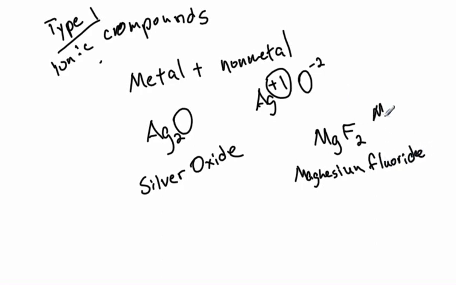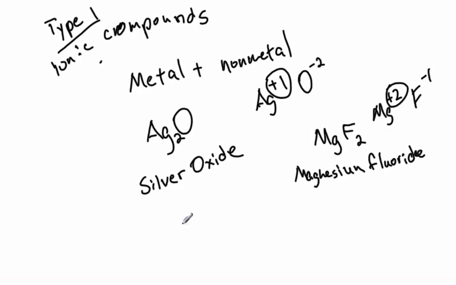Because magnesium is always Mg plus 2, and of course fluorine or fluoride is always -1. So again, magnesium always has a plus 2. It's in group 2, always plus 2. Silver is one that's on your ion sheet. You just have to know silver is always plus 1.